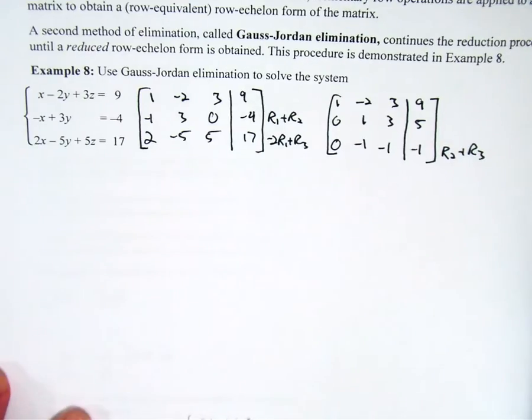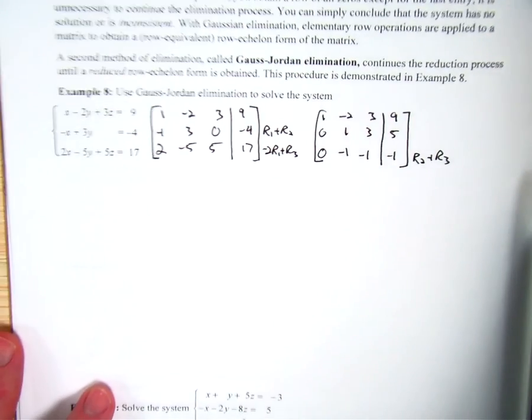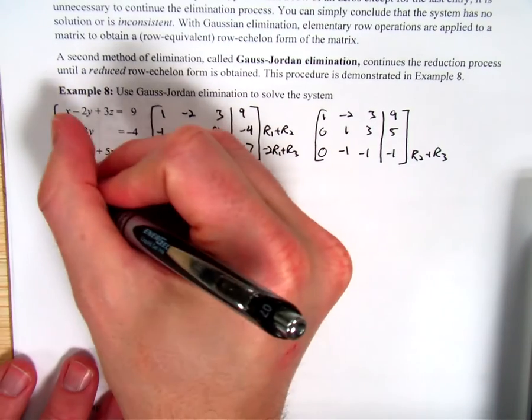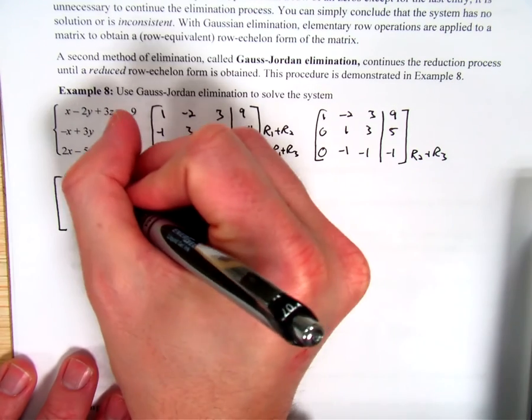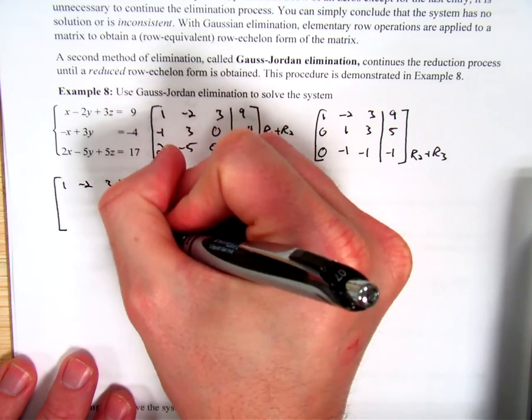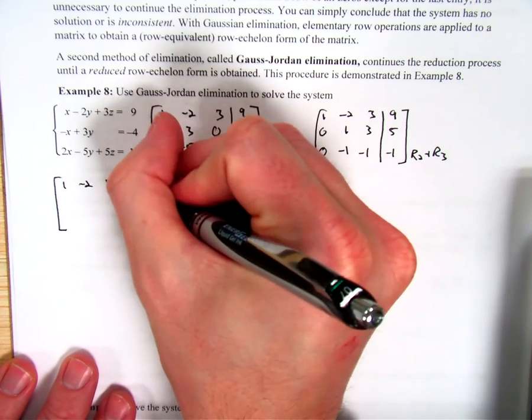And I'm out of room over there, so I'll zoom out a little bit and slide back over here to the left. So we got 1, negative 2, 3, and then a 9.